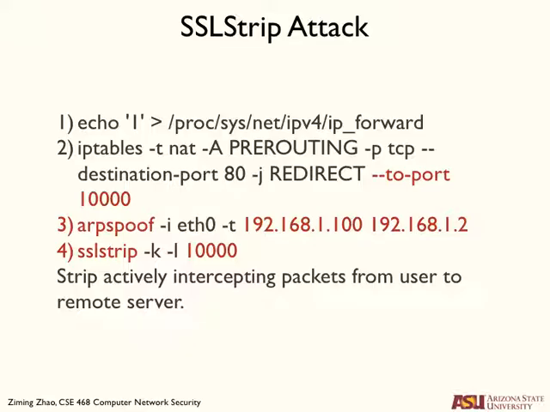So all the outgoing TCP segments with destination port number 80 will be forwarded to your application SSLStrip, and this application will intercept the packet, change the packet, decrypt that, forward the decrypted to the original user, and also establish connections with the web server. And also you need to do ARP spoofing to tell all the machines in your local network that you are the router. They are supposed to send all the packets to you.